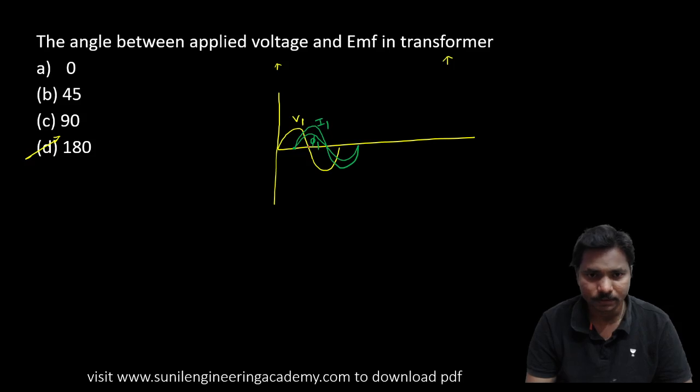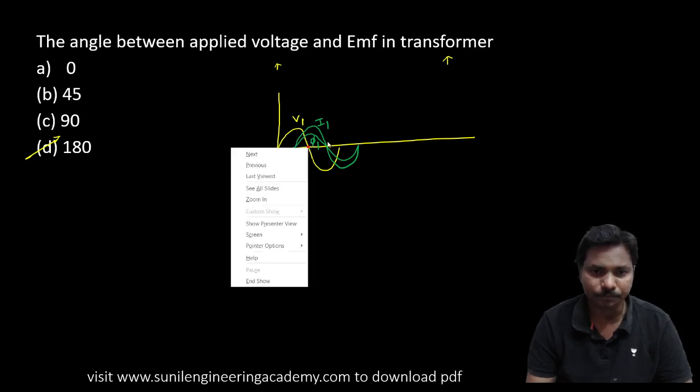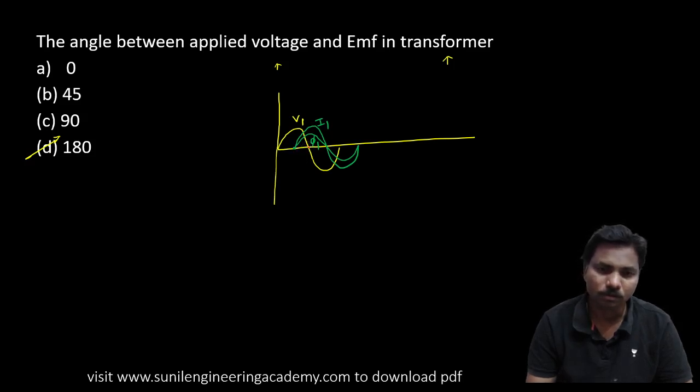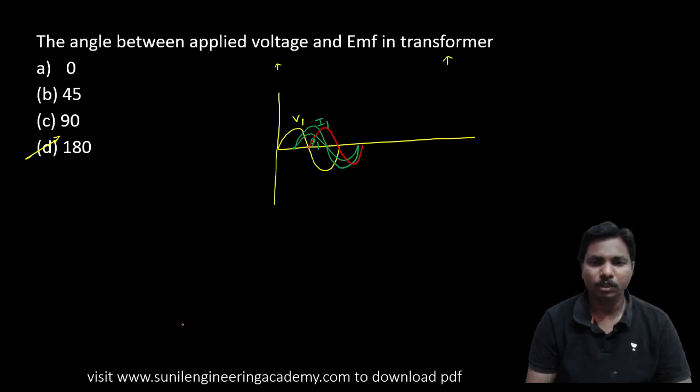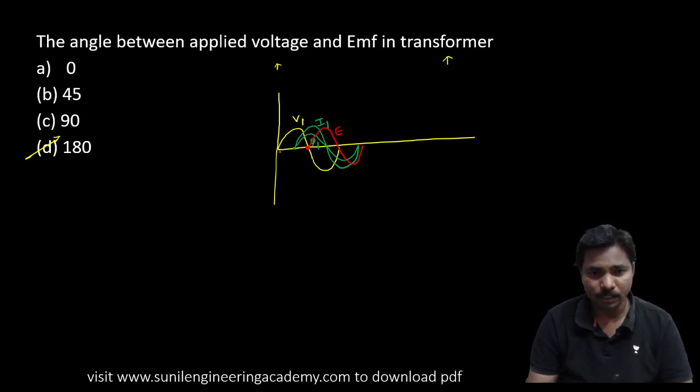After flux, the EMF will be induced. So the angle between this EMF and voltage is total from this point to this point of the cycle, that is 90 degrees. Sorry, 180 degrees.